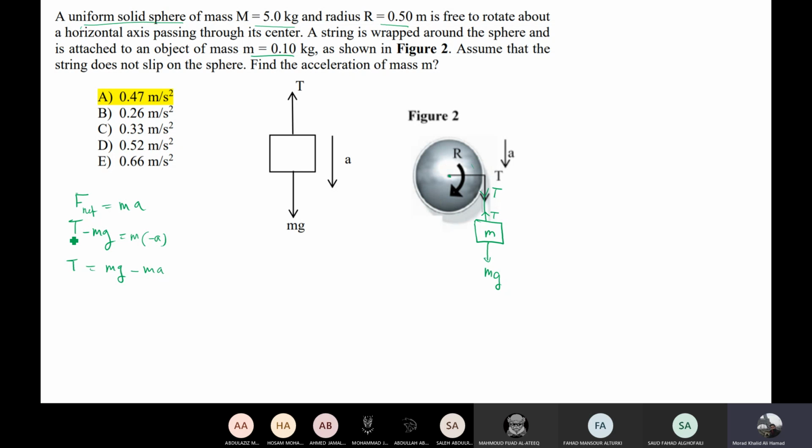Now for the sphere, for the mass we know it from chapter 5. For the sphere, we have tau net equal to I alpha. We have only tension. Is it clockwise or counterclockwise? Clockwise, so it is negative. Minus tension R is equal to I times minus alpha, because tension is clockwise and the total rotation is clockwise.